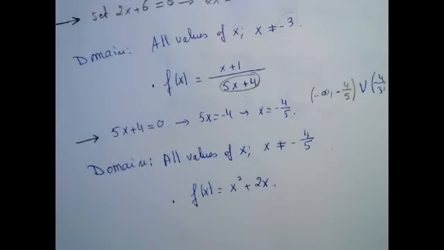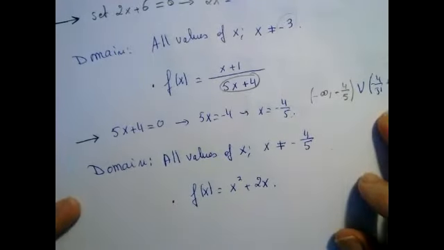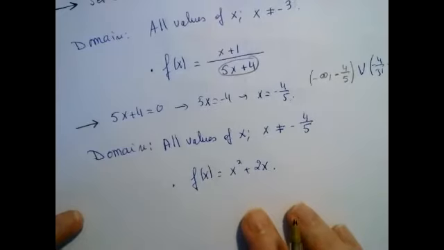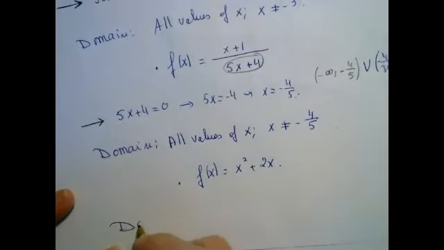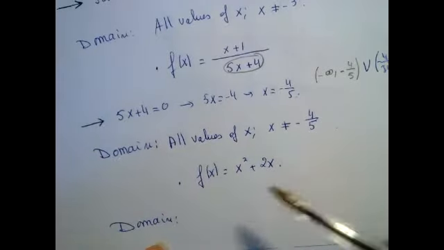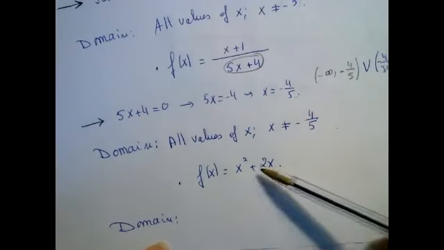Okay, what's the domain here? Domain would be, is it, hold on. Remember, all the allowable values, everything that we can allow. What do you think is going to be the domain here? Would it be all values except for 0? Why? If I plug in 0 in here, what will it spit out?